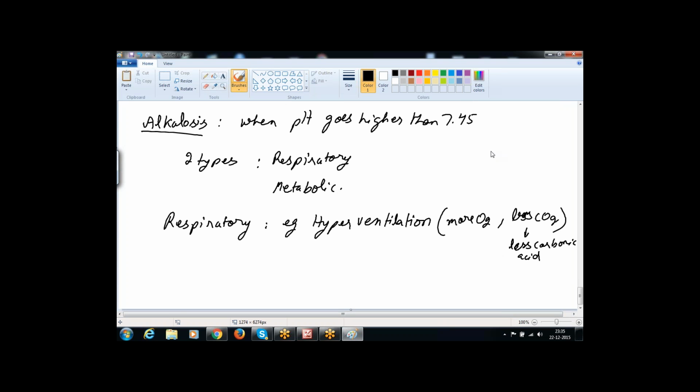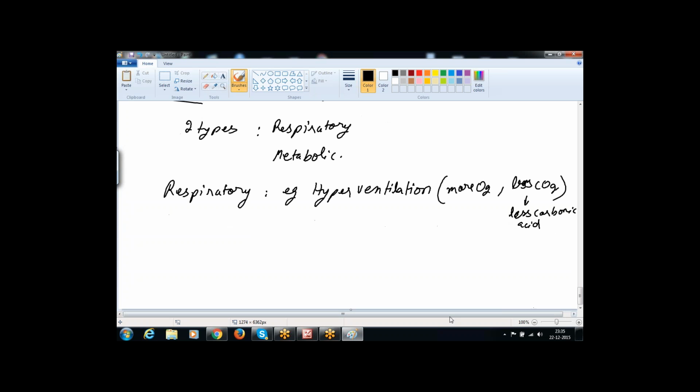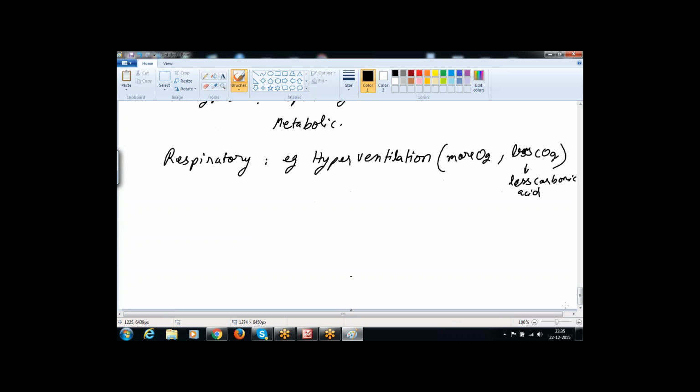Hyperventilation usually doesn't happen on its own. It is usually when a person is on life support. Let's say a person is on a ventilator or some breathing machine, and the machine is set at a point higher than what the person requires. We can never breathe more and more and fill ourselves with oxygen.